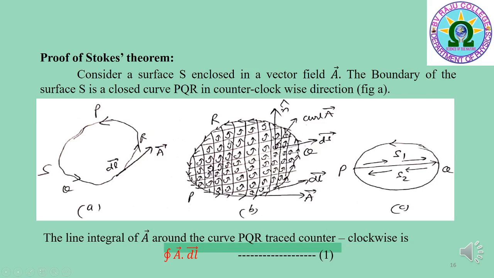Figure B shows the entire surface is divided into a large number of small square loops in anti-clockwise direction. Figure C shows two such small area elements adjacent to each other, and also shows the two surface elements having a common side PQ in opposite direction.